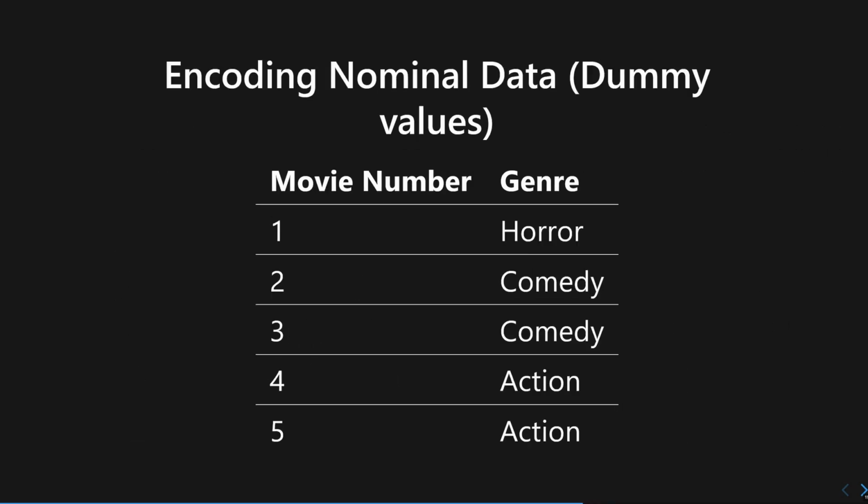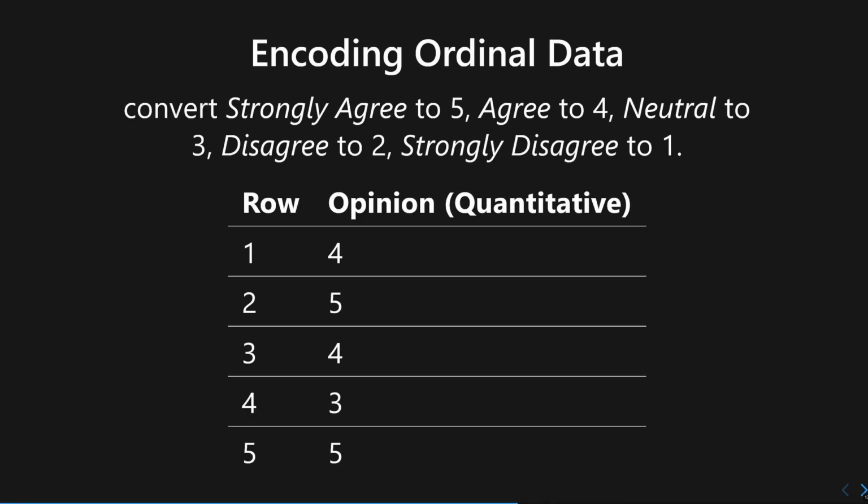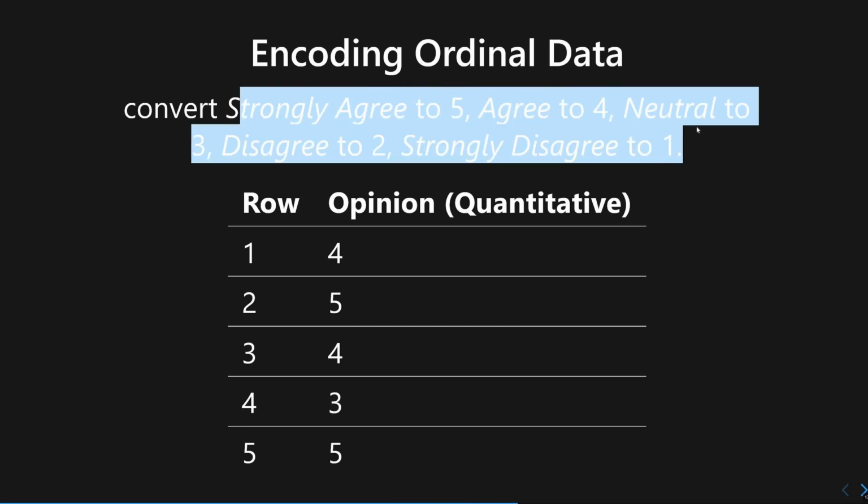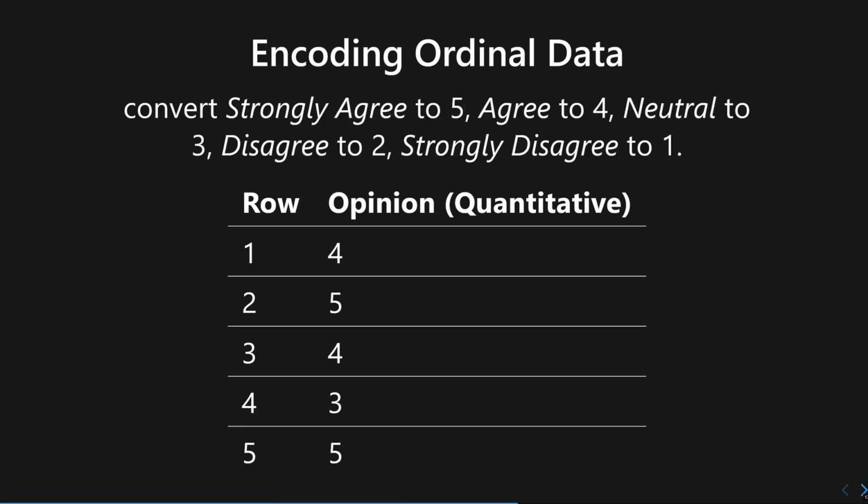One more thing I forgot to mention when it comes to encoding ordinal data. The encoding that you choose right here, strongly agree to 5, agree to 4, etc., will be up to you. You can also reverse this. You can say strongly agree, you assign 1 to that, agree, you assign 2 to that, and so on. As long as you preserve the natural ordering, that works.